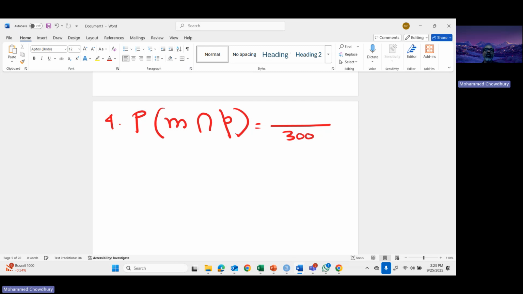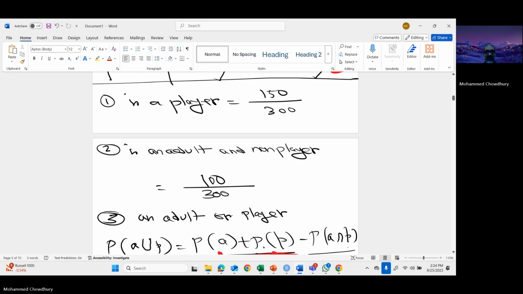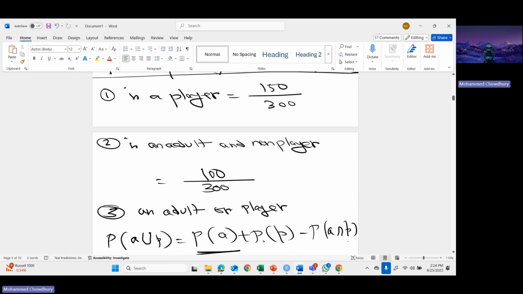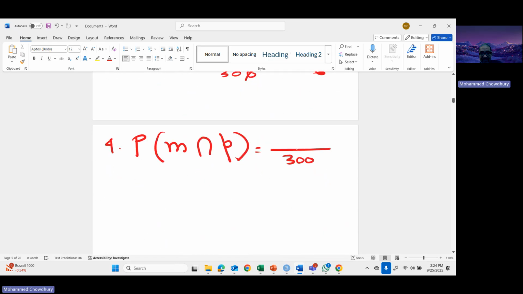Minor and player equal to what? 50, right? Minor and player equal to 50. So I have to put here 50, and then I have here 1/6.